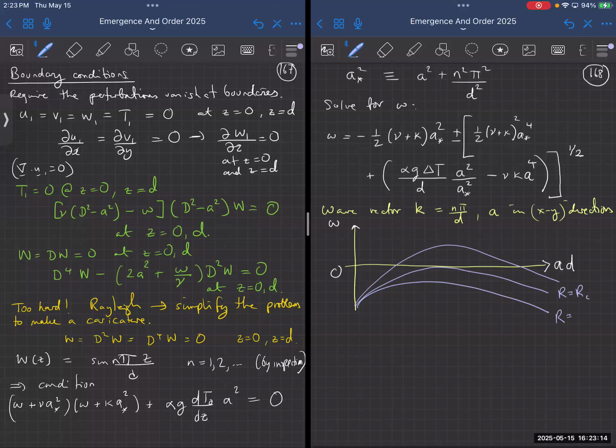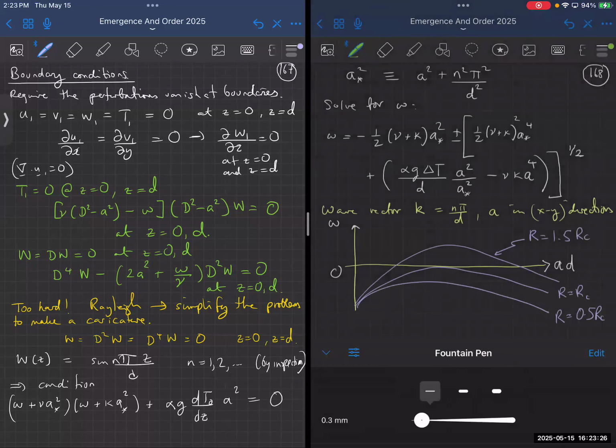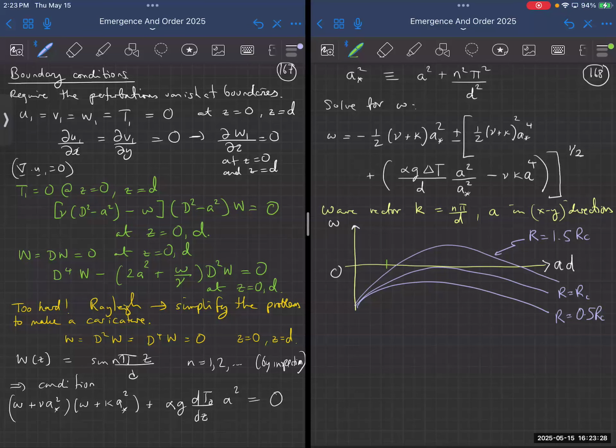This is R equals 0.5 RC, and this one is R equals 1.5 RC, and this point here is about 1, 2, 3, 4, something like that.